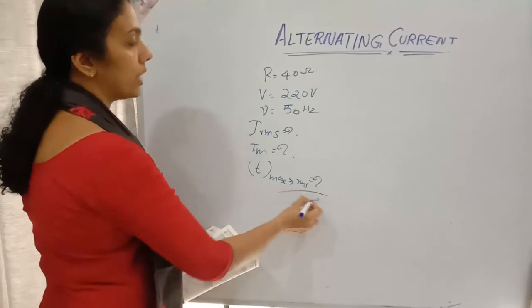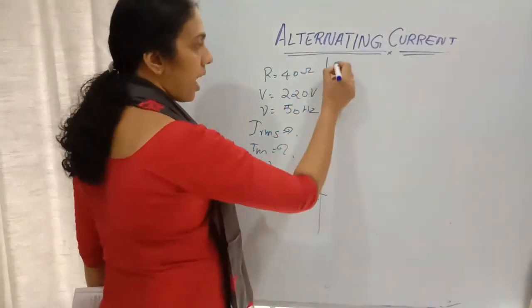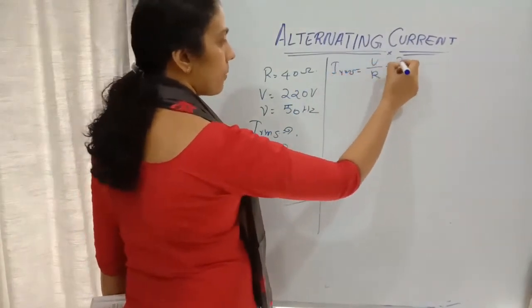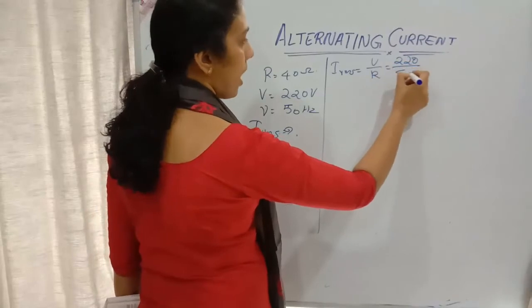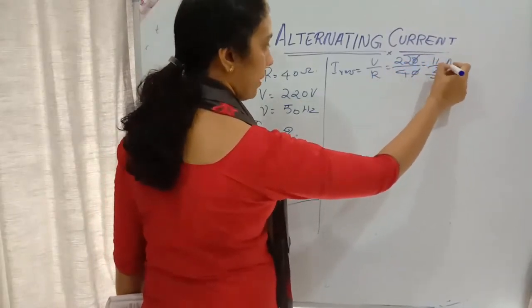This time also we need to find out. How can we find the RMS value here? I will be equal to V by R. What is the V value? 220 divided by R, which is 40. So we will get 11 by 2 ampere.